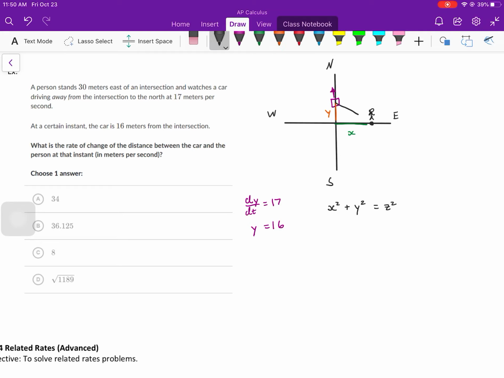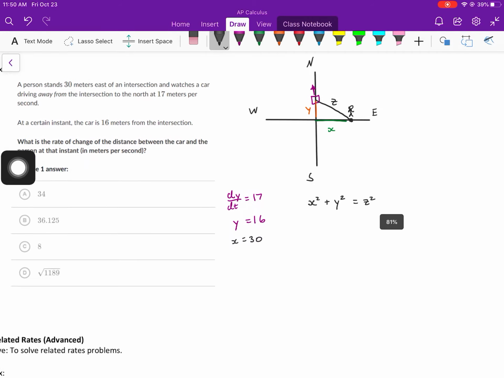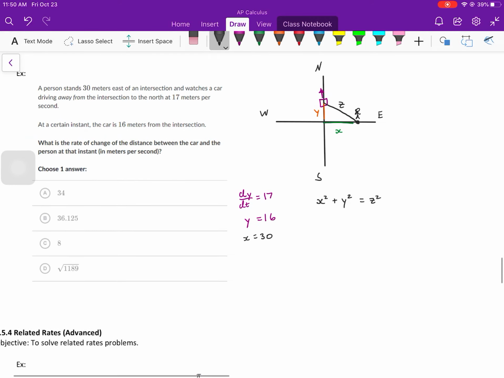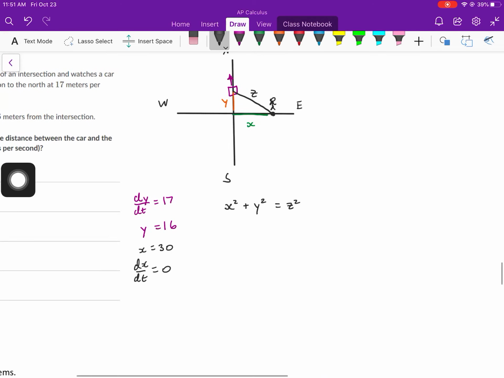And then here's our z. We know that x is also 30. That's going to help. And we also know this person's standing still, so he's not moving at all. So dx/dt would be 0. It doesn't say he's walking or traveling, so he's standing still, so his rate is 0.